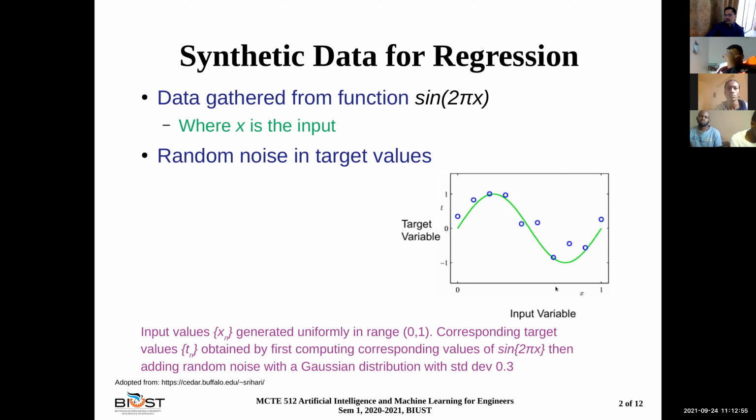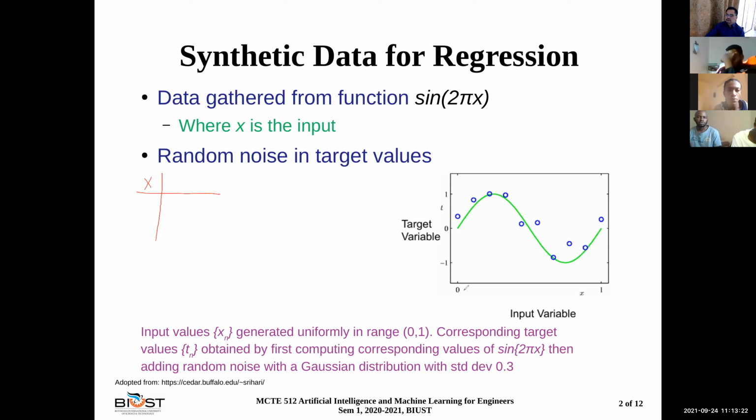So in our case, there is a target value that is not shown here. Let me annotate. This is x and that's t. So there is an x and a t value.